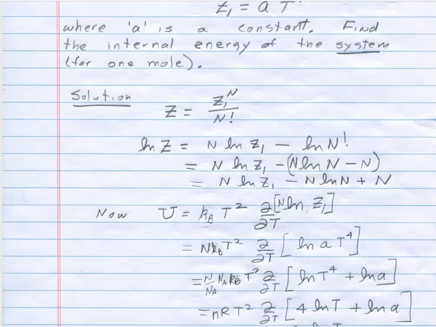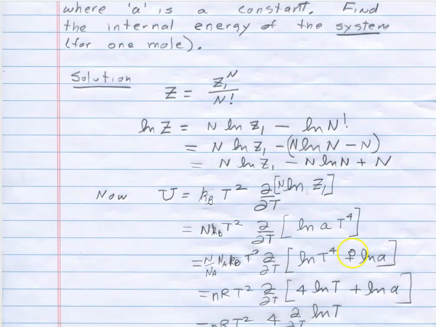And if I've got the partition function, then I can use this relationship that we derived in class in some detail to calculate the internal energy for this system. If you remember, it's just Kb, Boltzmann's constant, T squared, times the partial derivative with respect to T of the natural log of z.